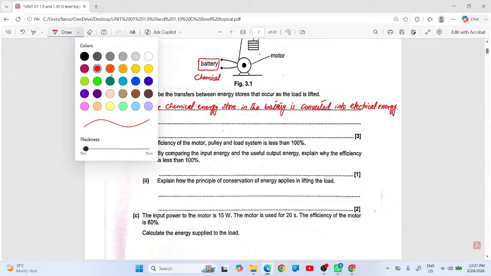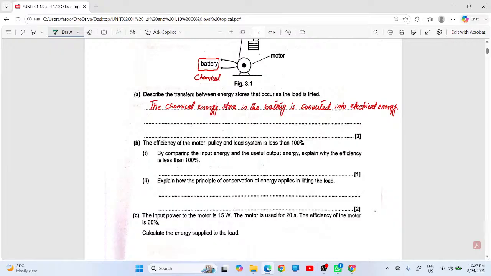Next is electrical energy of motor. This energy is used to lift the load.